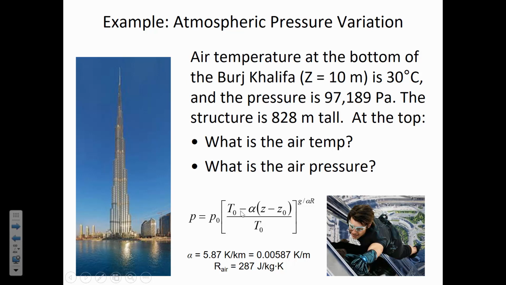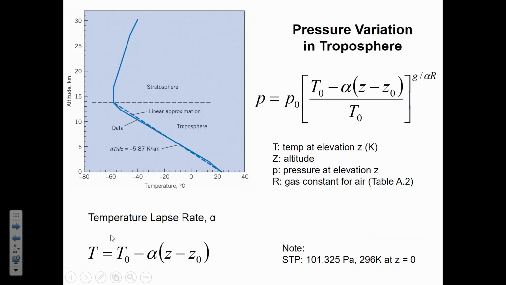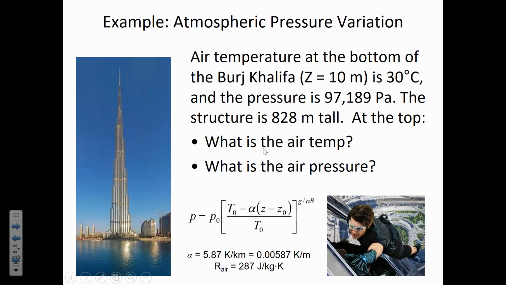And so to calculate the air temperature, you're just using this component of it, the temperature at some known elevation. So let's predict the air temperature aloft, and then also what would be the air pressure aloft. And you'll notice here that there's a couple of constants that are given. First of all, the lapse rate. Previously we saw it in Kelvin per kilometer. You can also express that in terms of how much the temperature is changing with each additional meter of elevation.